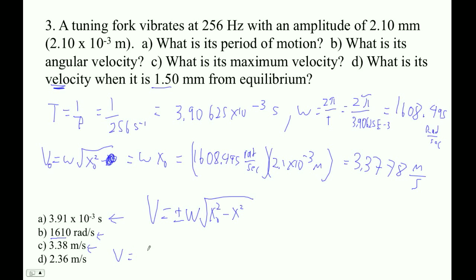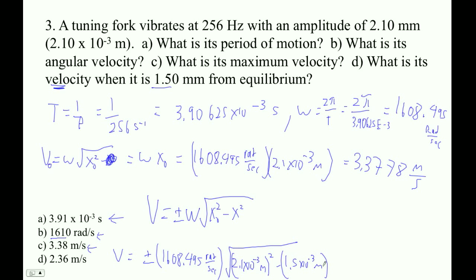The velocity is going to be plus or minus 1608.495. Look at all those sig figs, and this is rad per second. And then the square root of our amplitude, 2.1 times 10 to the minus third meters, squared, minus 1.5 times 10 to the minus 3 meters, squared.